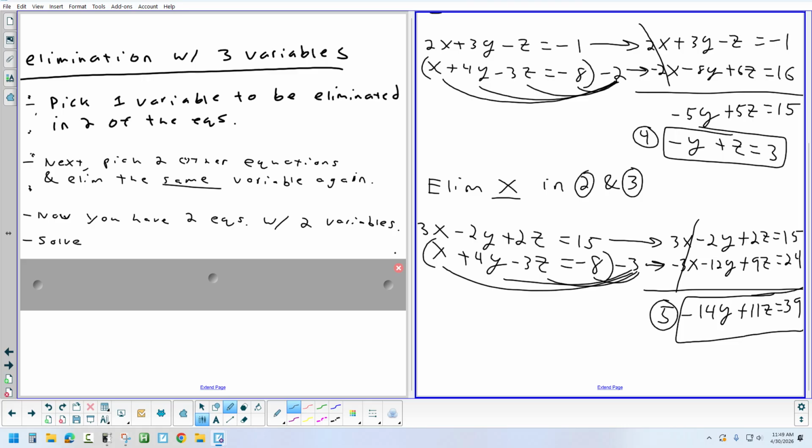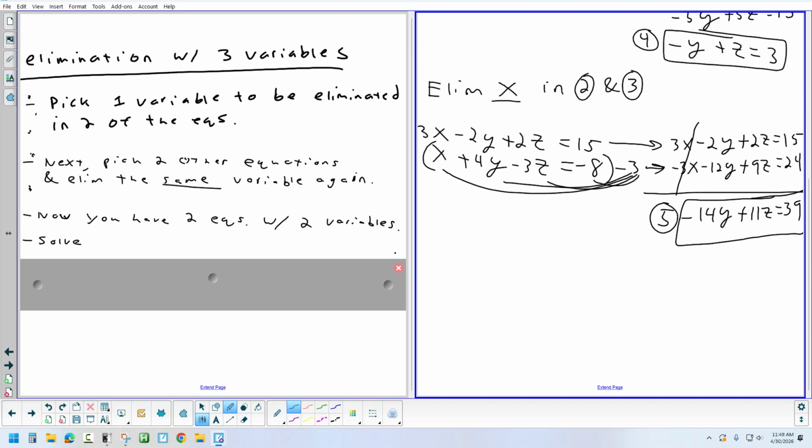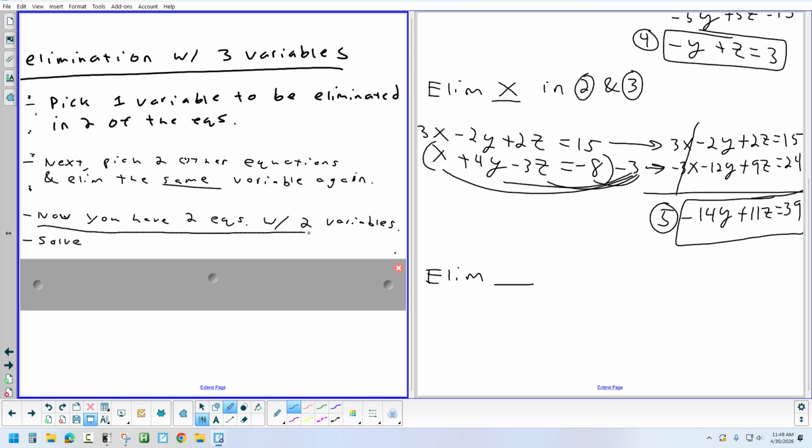Okay, so that's the hardest part. Figuring out how do you get down to something that just has 2 equations with 2 letters. Now we've got it down to an easier problem. We're going to solve 2 equations with 2 letters. So now you want to eliminate. You get to choose, but you have to use your 2 new equations. Okay? Use the 2 new ones, 4 and 5.